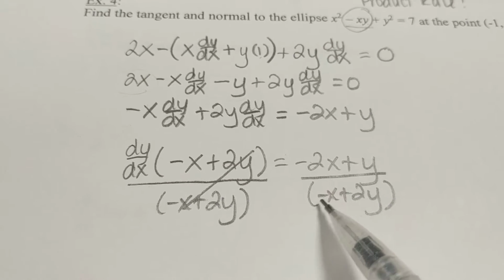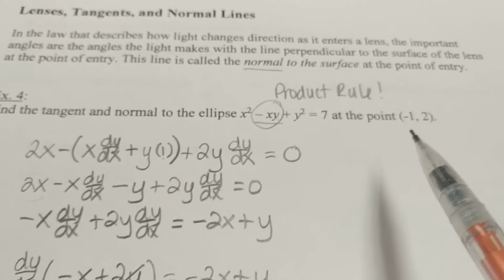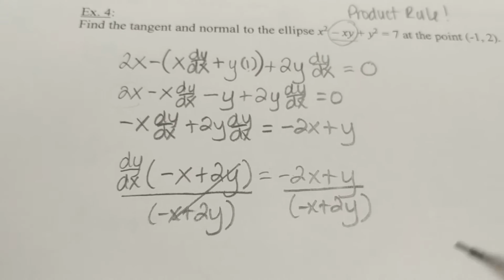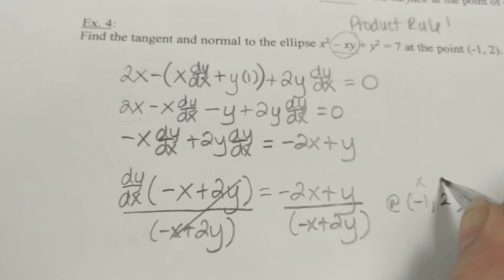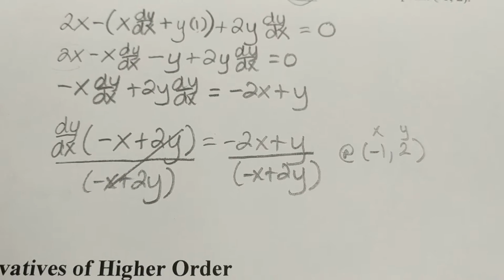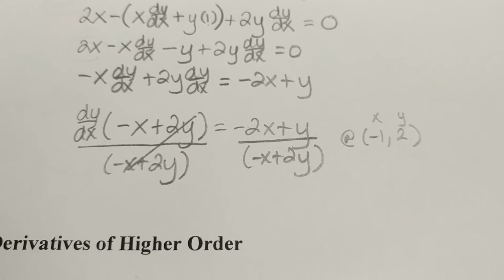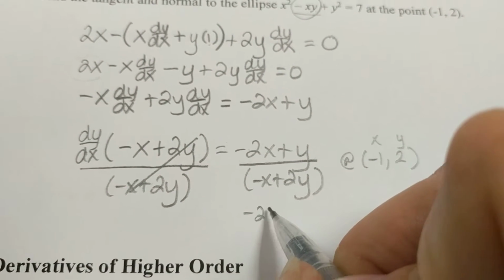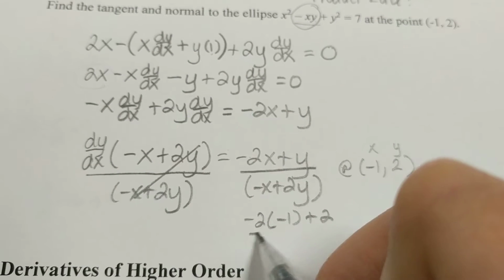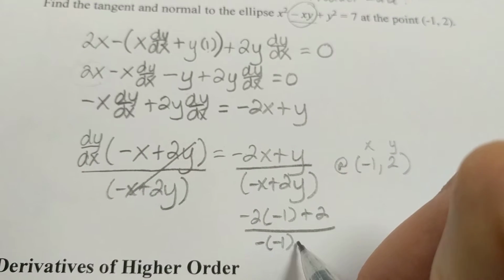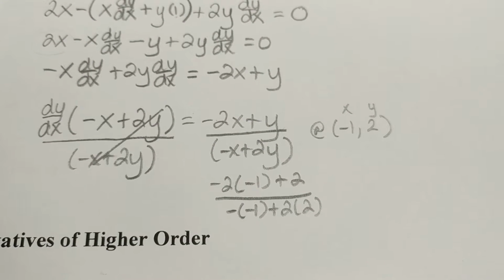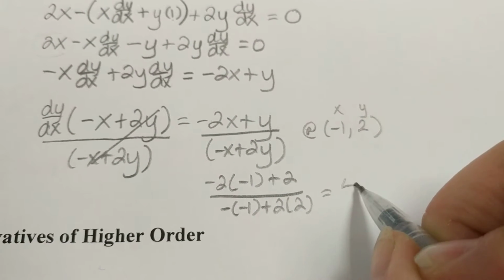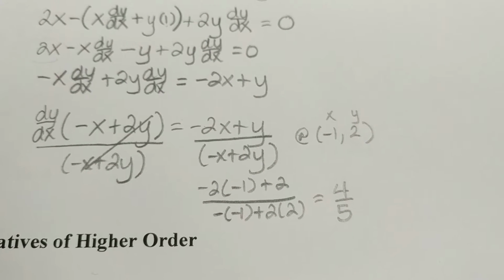Now, what we just found was the slope, and they want us to find the slope at negative 1, 2. So that means for all my x's, I'm going to plug in negative 1. For all my y's, I'm going to plug in 2. So when we do that, we get a slope of 4/5.